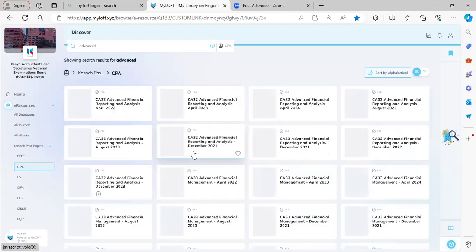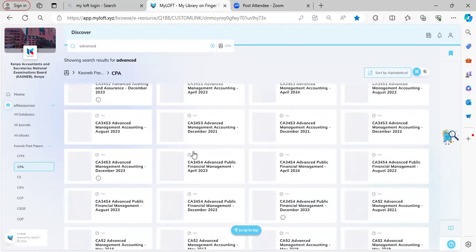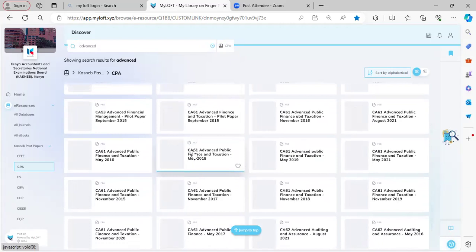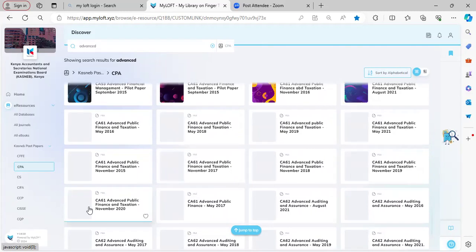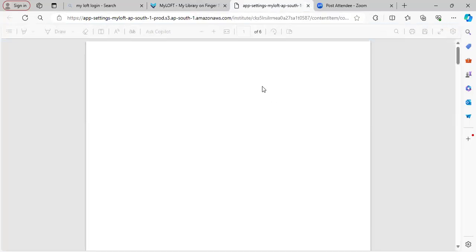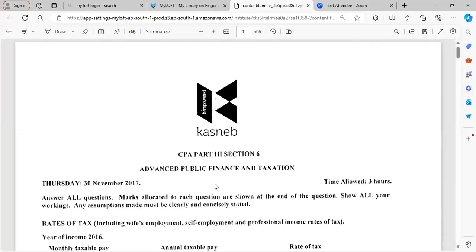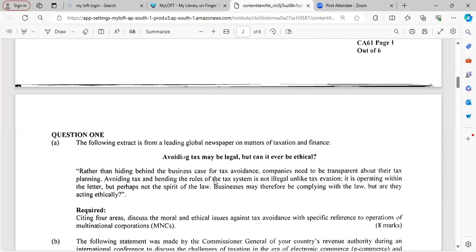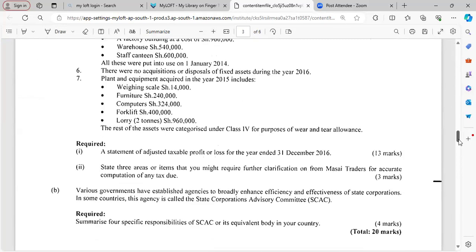Looking at this question here: advanced taxation, advanced public finance and taxation. Today you are just doing advanced. It should be question number 5B. Just want to show you how to do this.